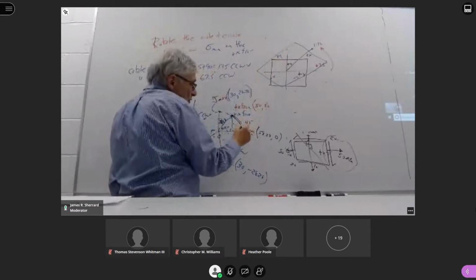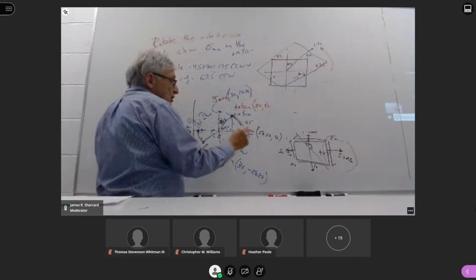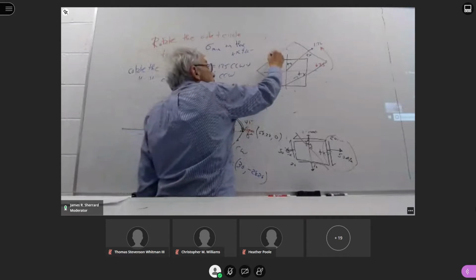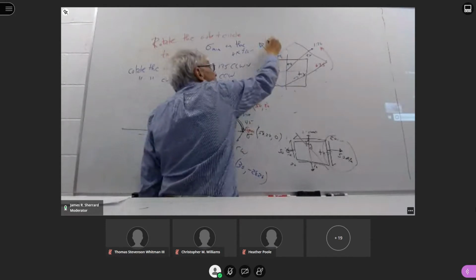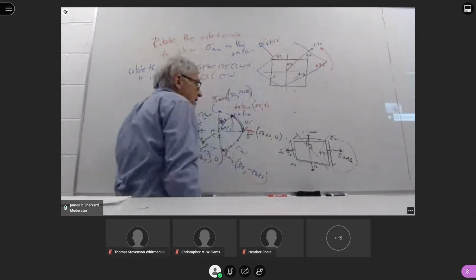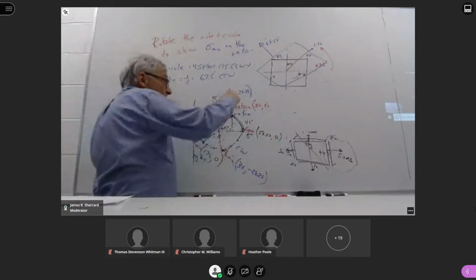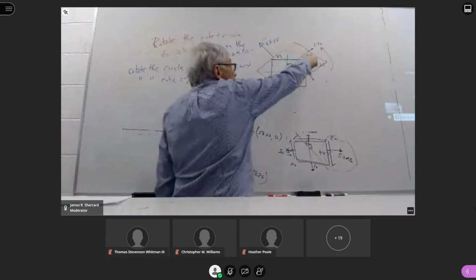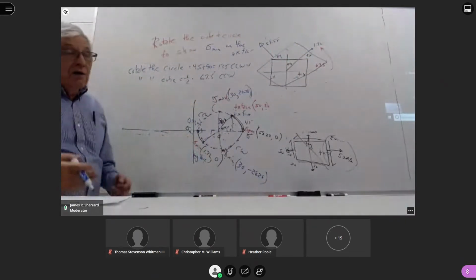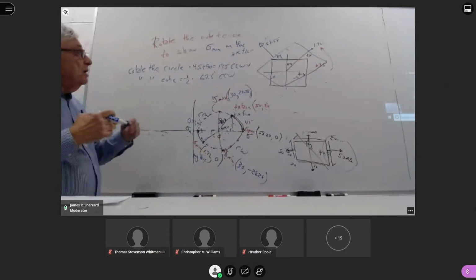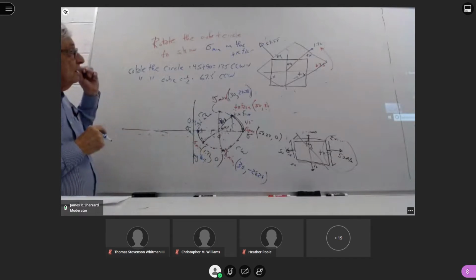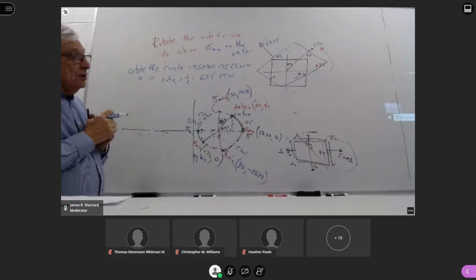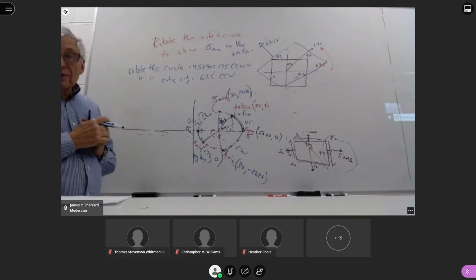This point coincides with this point on the circle. So the plane stress is positive 58.58 megapascals. My shear stress is 0. So this is the rotation of my cube to show sigma min on the plus x face.